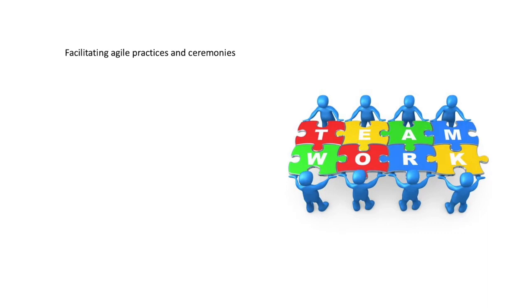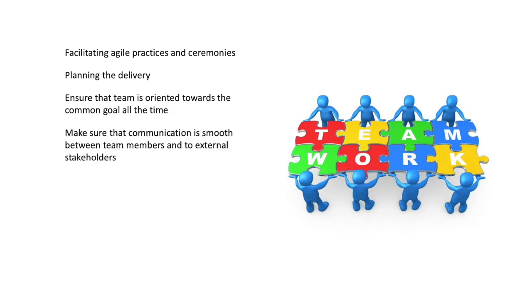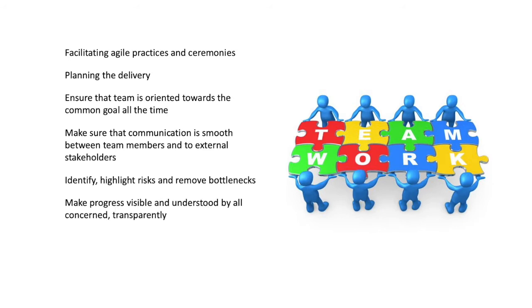These can be facilitating agile practices and ceremonies, planning the delivery, ensuring that the team is all oriented towards the same common goal all the time, making sure that the communication between the team members and to external stakeholders is smooth, identifying and removing risks and bottlenecks, making progress visible and ensuring that it is understood by everyone concerned in a transparent way, coaching the team and stakeholders on the agile principles as and when required, or protecting the team against situations that would make them deviate from the goal.